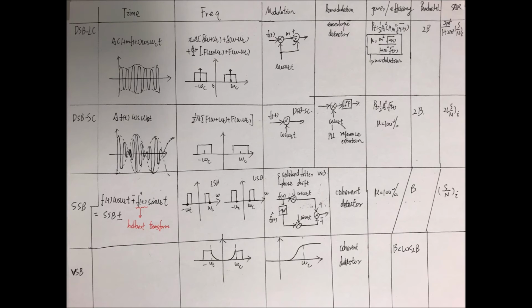And we have the original signal spectrum moved to omega c. So this is the spectrum of my double sideband large carrier.